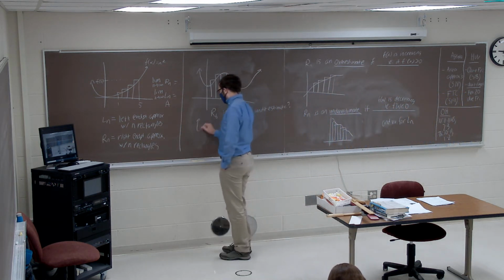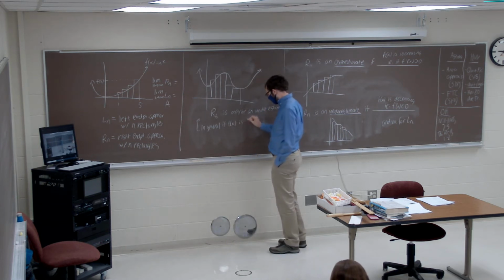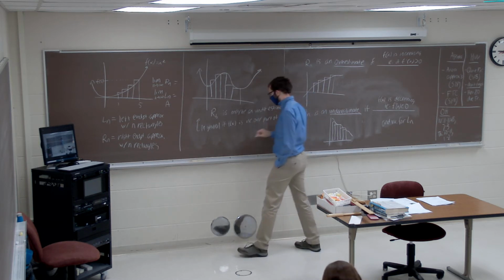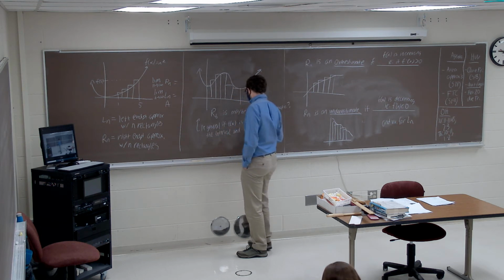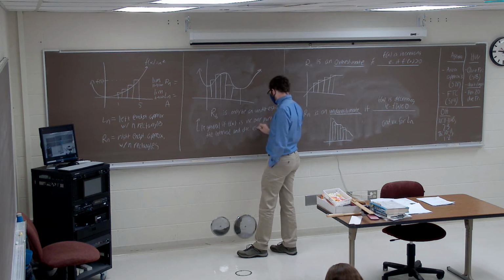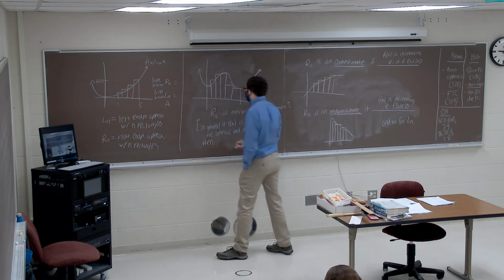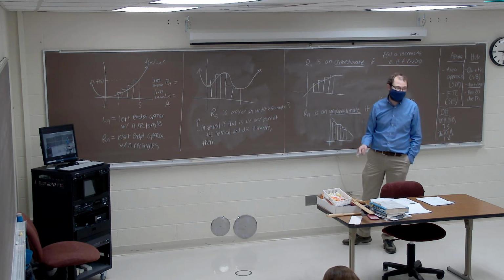But if f of x is increasing over part of the interval and decreasing elsewhere, then overall it's hard to tell whether you have an over or underestimate, and it's going to depend on the individual function and the individual interval that you're looking at.